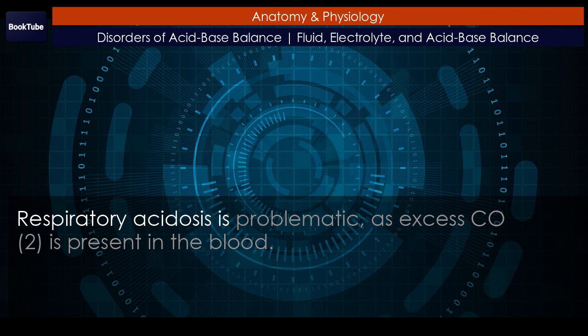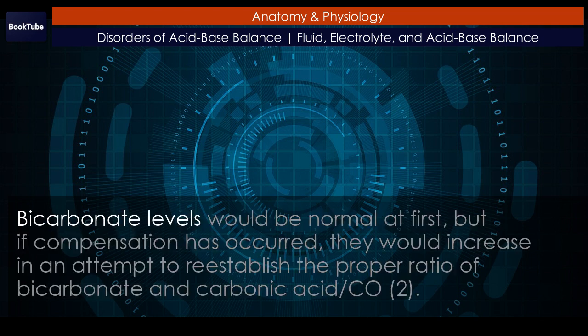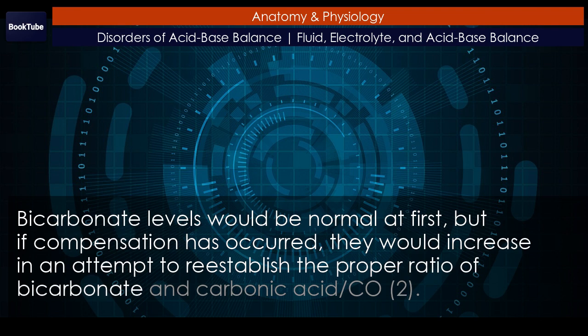Respiratory acidosis is problematic, as excess CO2 is present in the blood. Bicarbonate levels would be normal at first, but if compensation has occurred, they would increase in an attempt to re-establish the proper ratio of bicarbonate and carbonic acid, CO2.